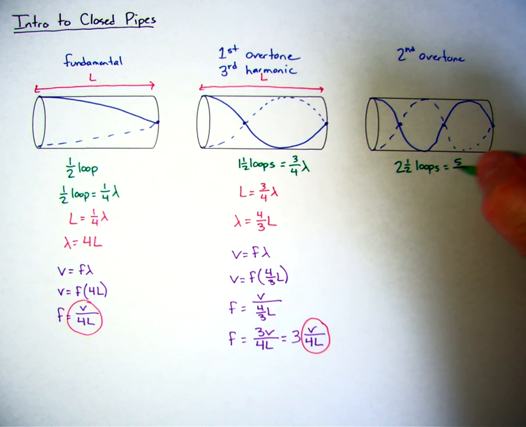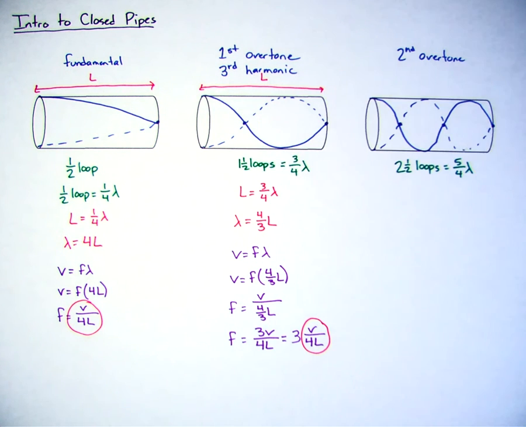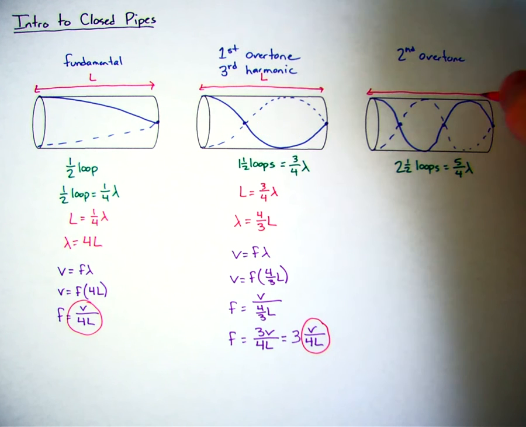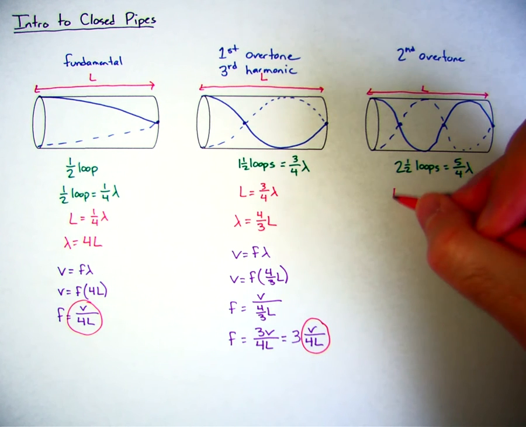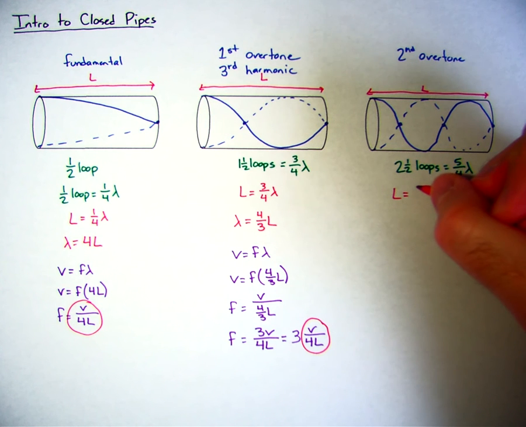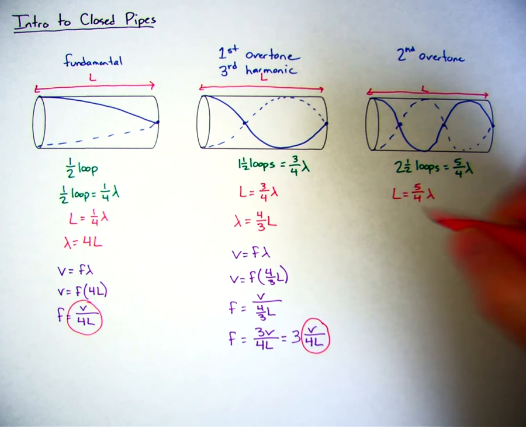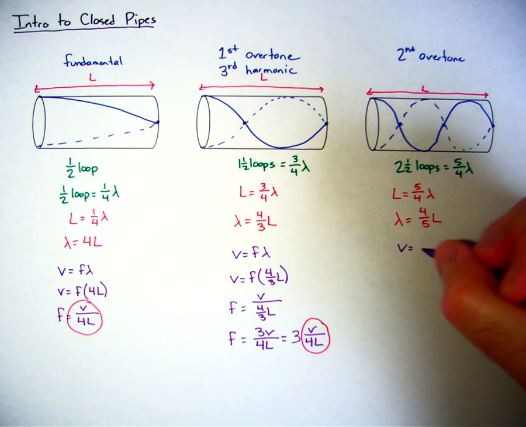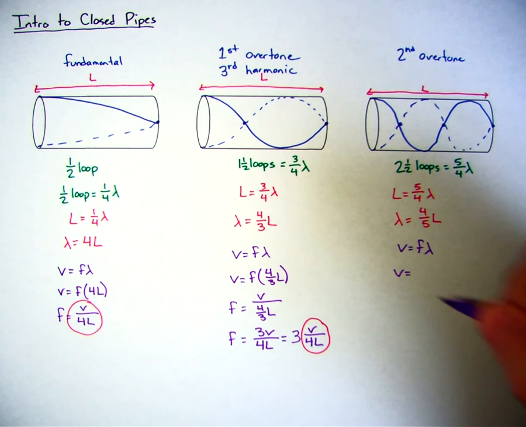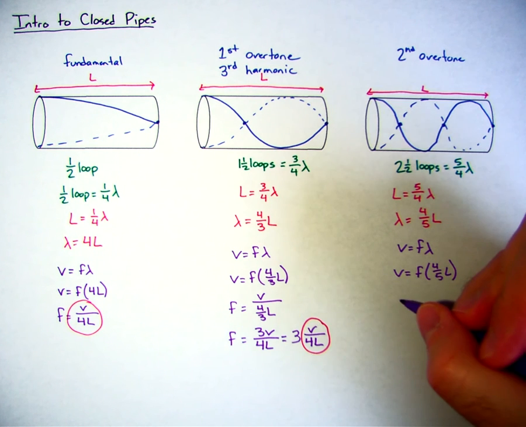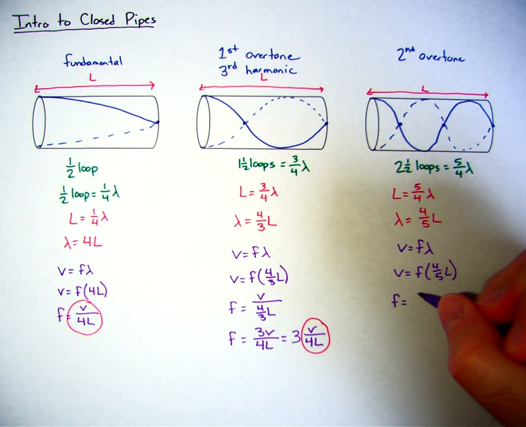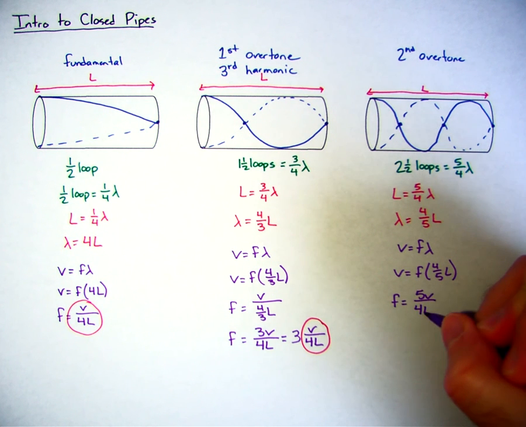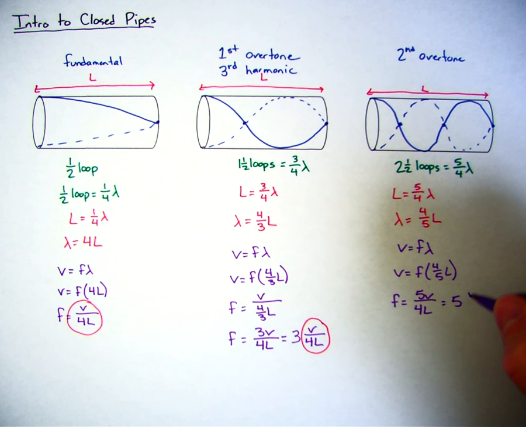That's 5/4 of a wavelength, which means that if L is the length of our tube, L is equal to 5/4 lambda, which means lambda is equal to 4/5 times L. Now, to simplify this fairly quickly, if I use my equation again for wave velocity, what you end up getting is that the frequency here is 5 times v over 4L.